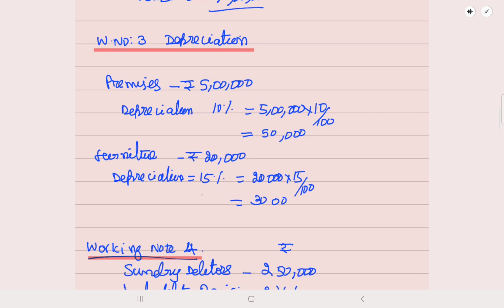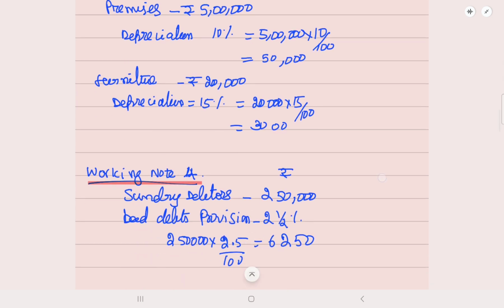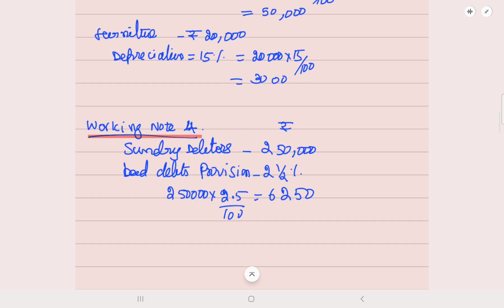Furniture 20,000; depreciation at 15% is 3,000 rupees. Like that, provision for debtors is given. Sundry debtors 2,50,000, bad debts provision 2.5%, so provision for bad debts is 6,250. Provision for bad debts is calculated only on the closing balance of debtors.